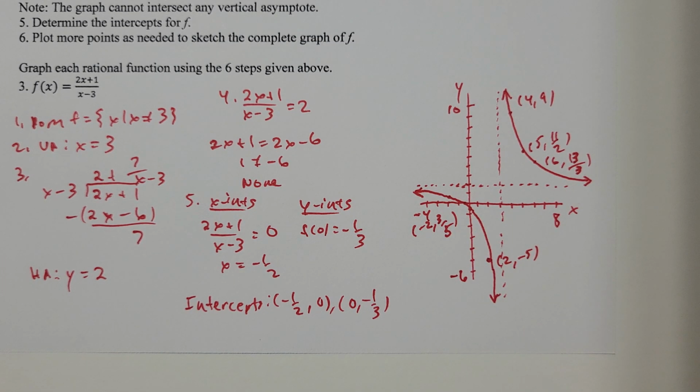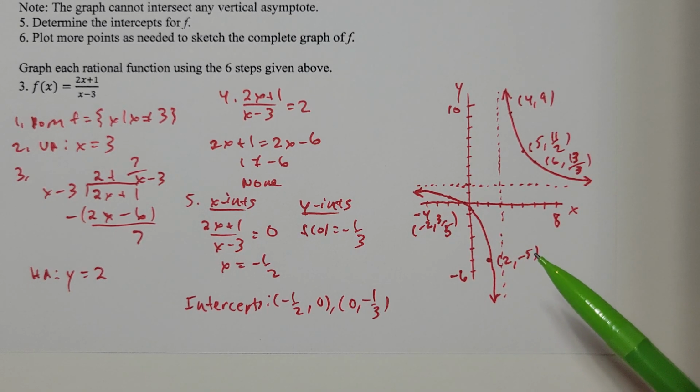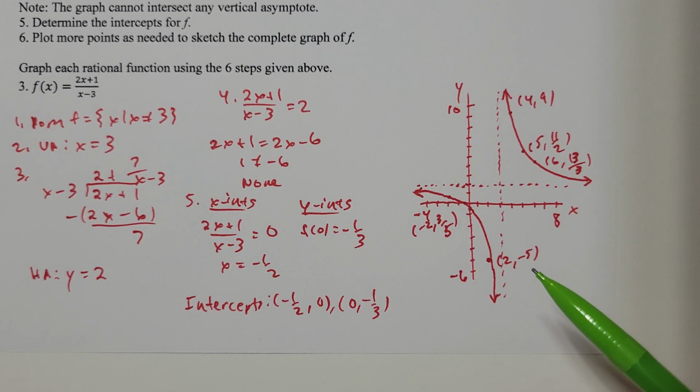Now keep in mind that the graph has to flow with the asymptotes. I've got a vertical asymptote here and a horizontal asymptote here, and I'm getting these points, so I know that the curve has to flow with the asymptotes.